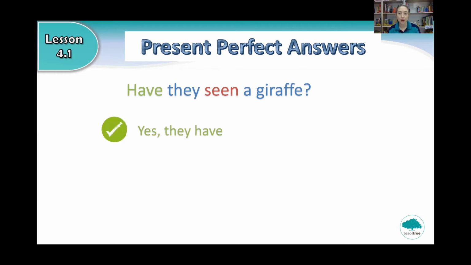Yes, they have. Can you say, yes, they have? And what about if the answer is no? No. So the subject, no, they. That's right. No, they haven't. Say, no, they haven't.